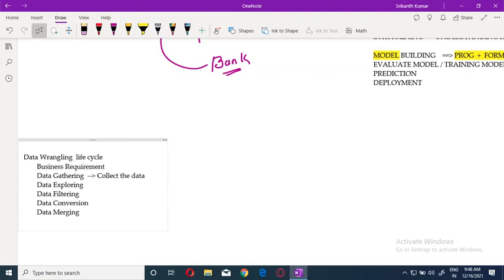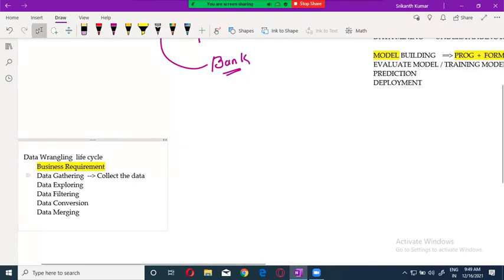You are going to understand the business, and based on the business you are going to get the data, guys. Otherwise there is no point in getting the data. So first you have to understand the business. This is a very, very important step. You can also call it domain knowledge about the business.